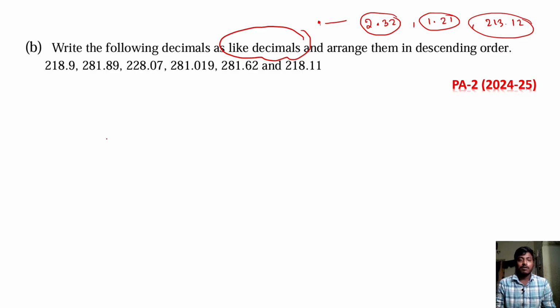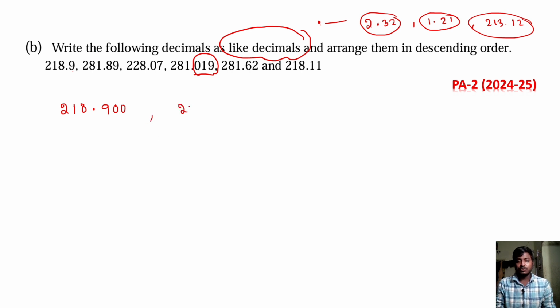Understand? Now first of all we convert into like decimals. So first write down 218.900, because here the highest number of digits after the decimal is 3 digits, that's why here is 9, then after that nothing, so I put the 0.